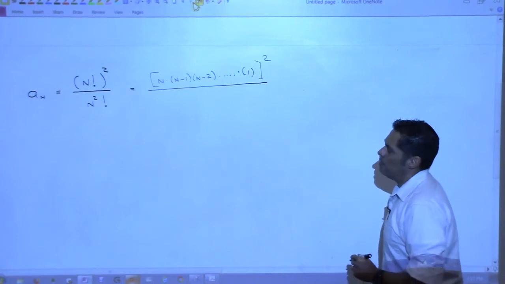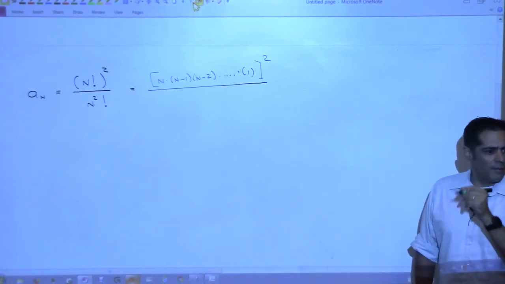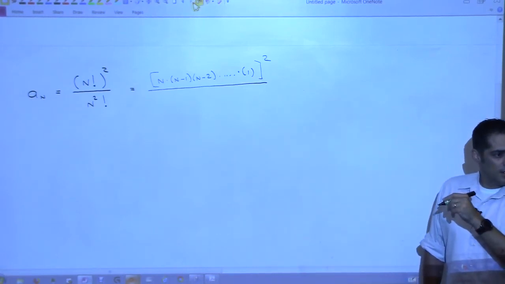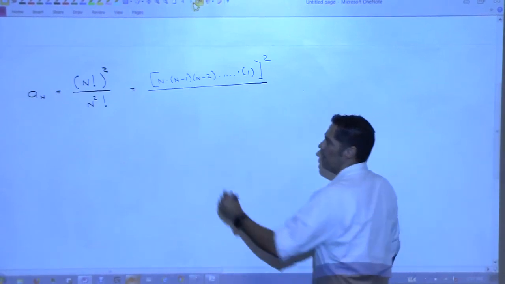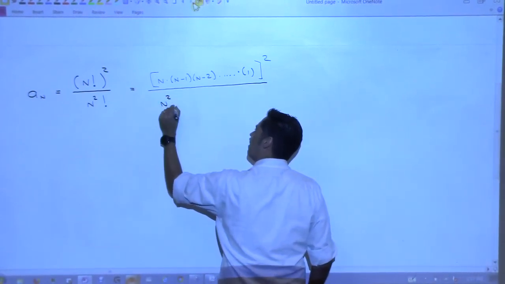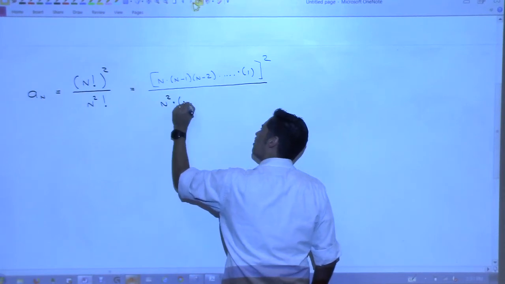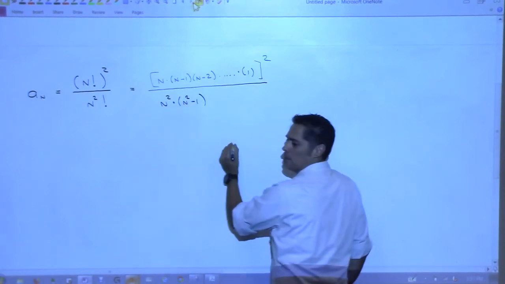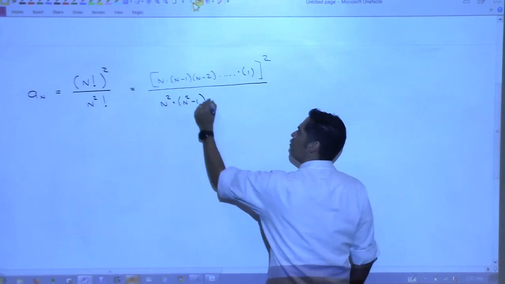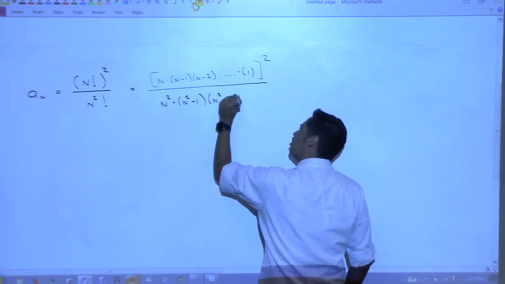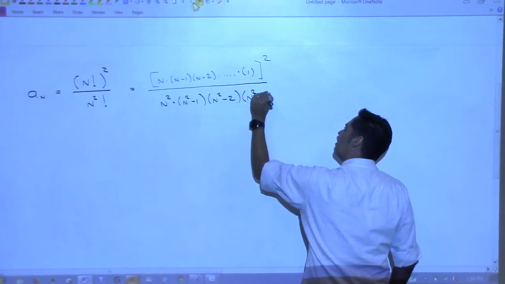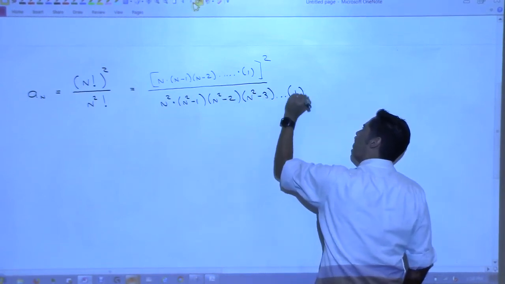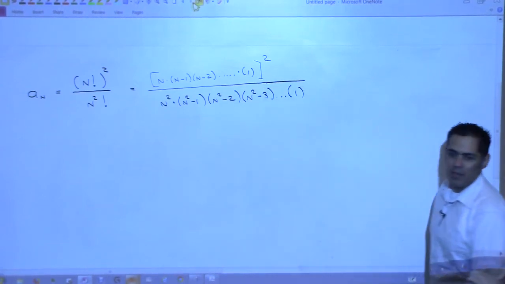Now the bottom one, we're doing the squared on the n first, right? So what would the first piece of the factorial be? N squared. And then the second piece? N squared minus 1. And then the next one would be n squared minus 2. And then you keep doing that all the way till you get down to 1. Do y'all see the difference between those two expressions?